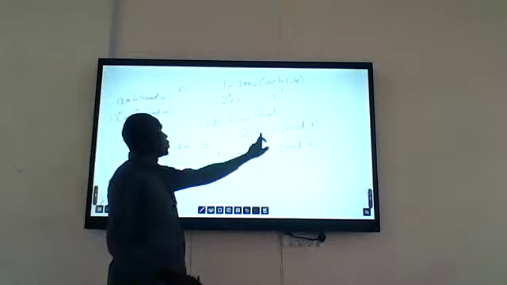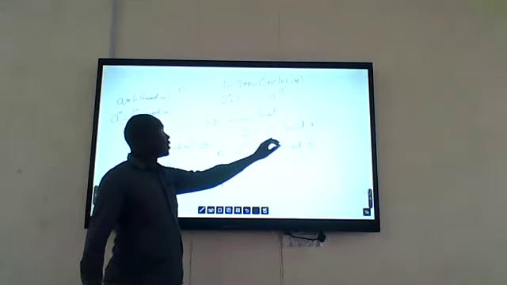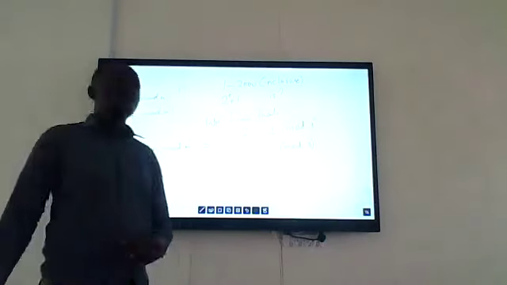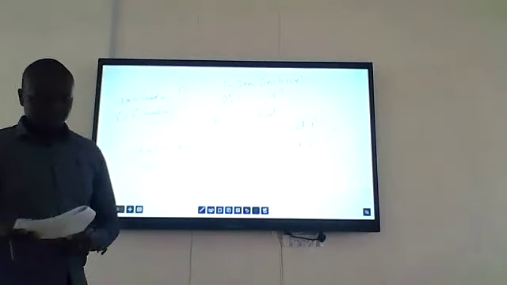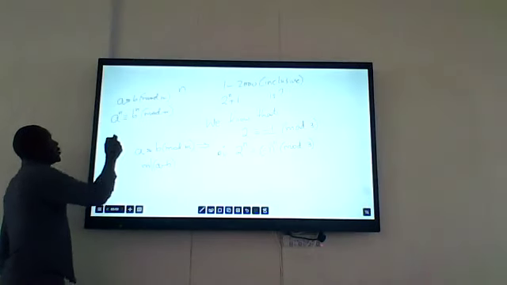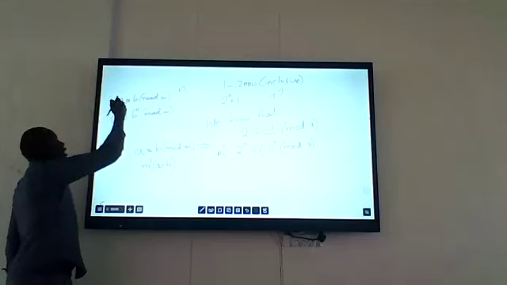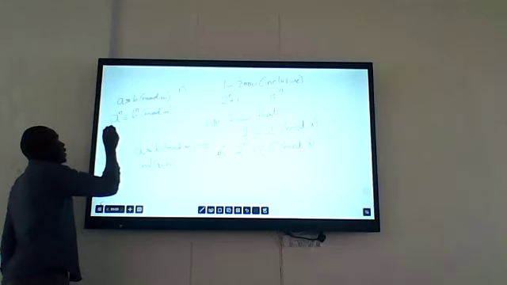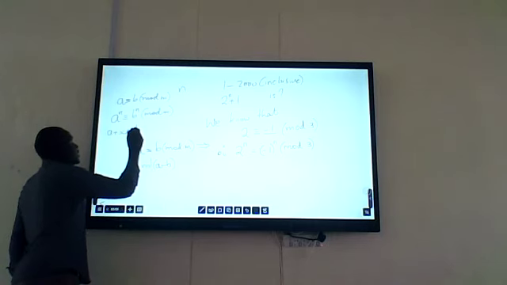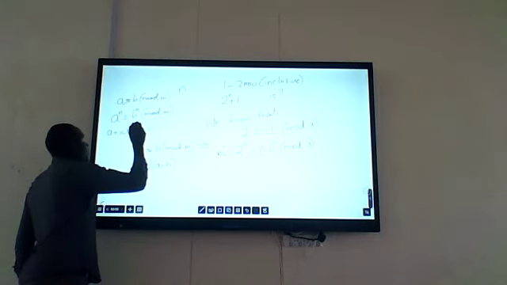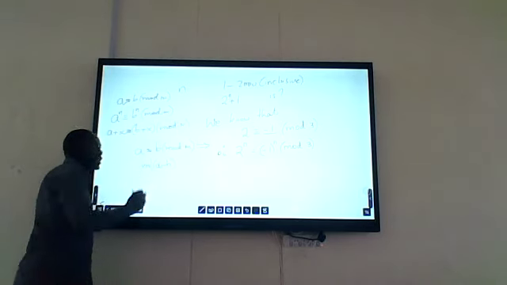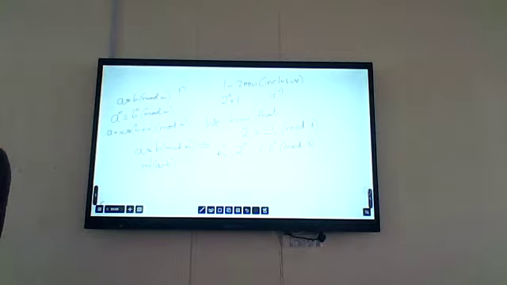Once I know this is a true congruence relation, then if I raise both sides to power n, I still have the same congruence relation. Then also, if you already have a congruence relation A congruent to B mod M, then when I add the same integer to A and B, I retain the same relation.